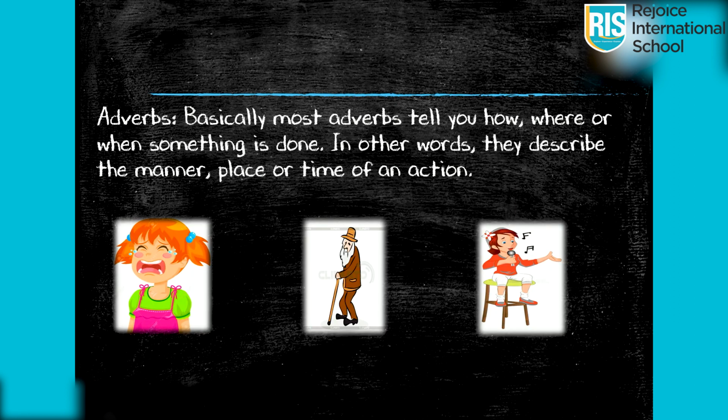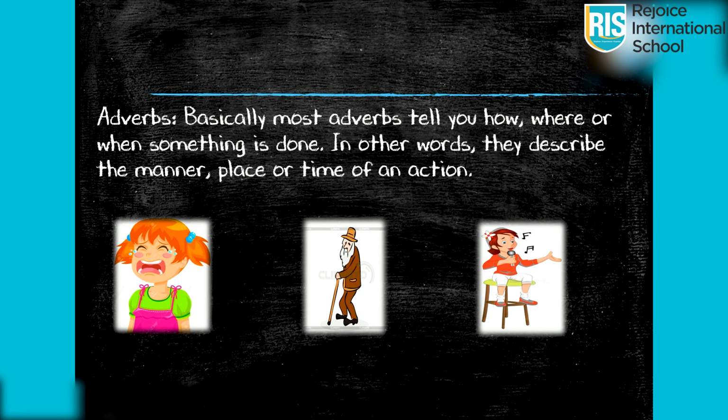What is an adverb? An adverb is a word that modifies a verb, an adjective, or another adverb. For example, he sings is a complete sentence and the verb is sings. But if I add a word, he sings loudly, it is describing the verb sings being very loud.